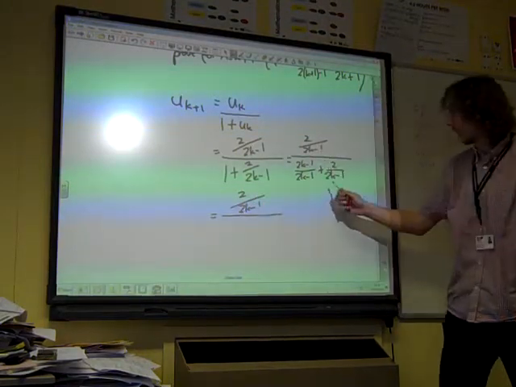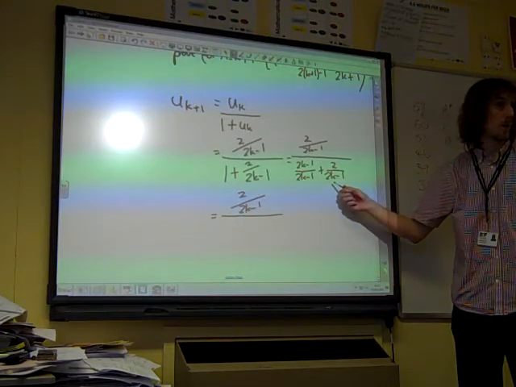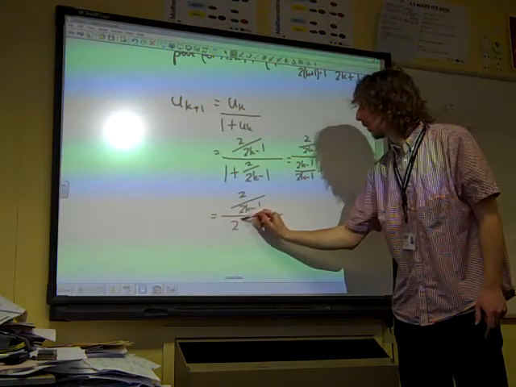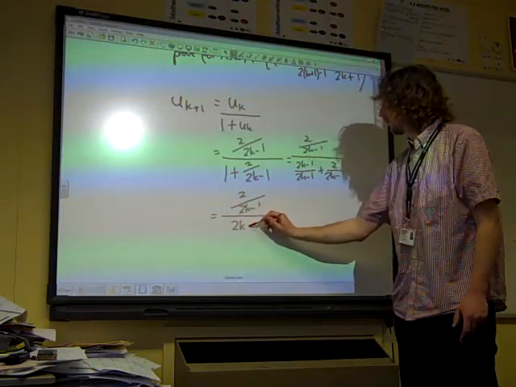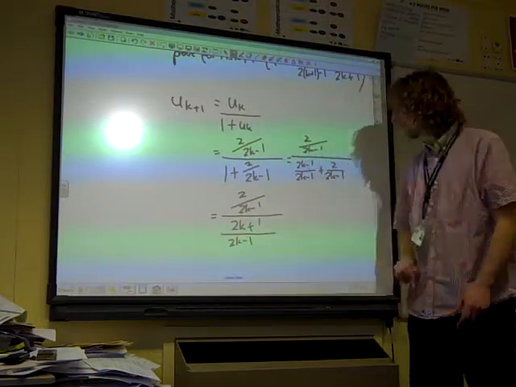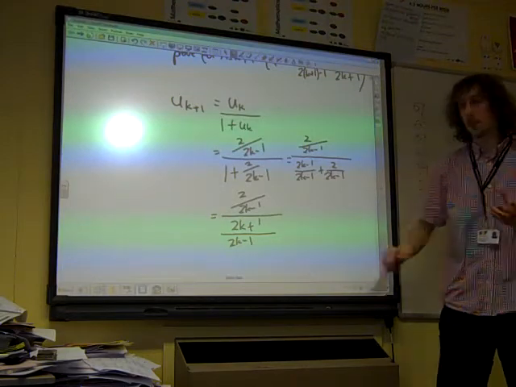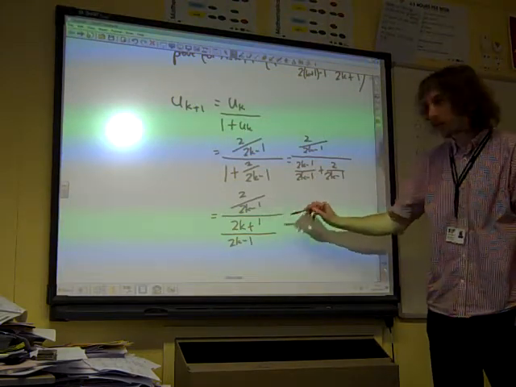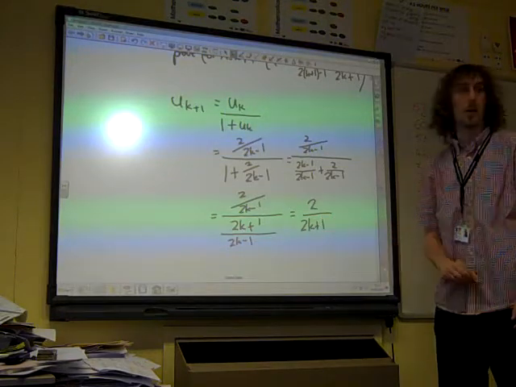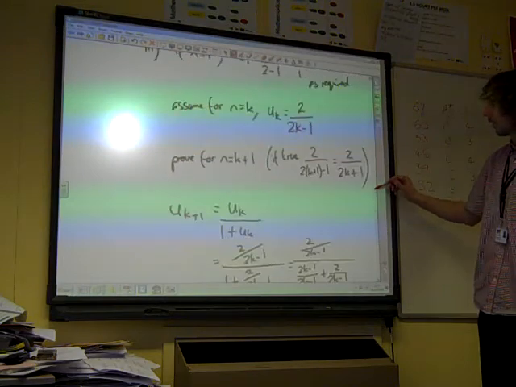We've now got a common denominator on the bottom of our fraction, and we've got 2k minus 1 plus 2, which is 2k plus 1, over 2k minus 1. Now, because they're both over the same denominator, we can ignore the denominator. This is 2 over 2k plus 1. Remember, that's what we were looking for.